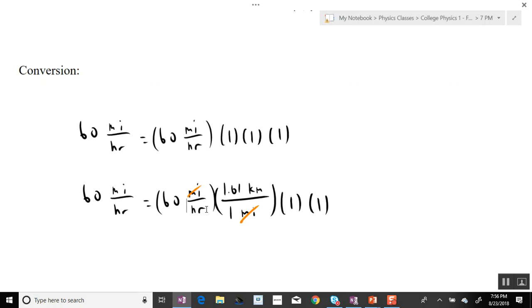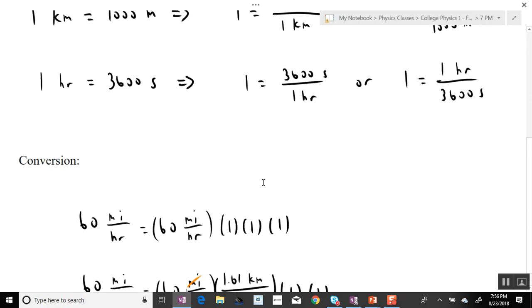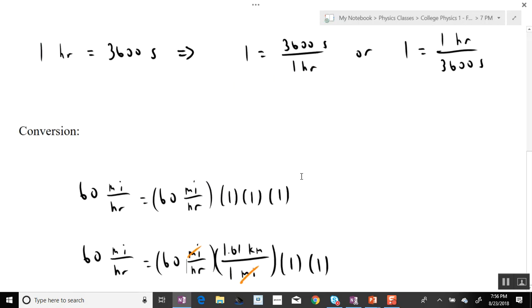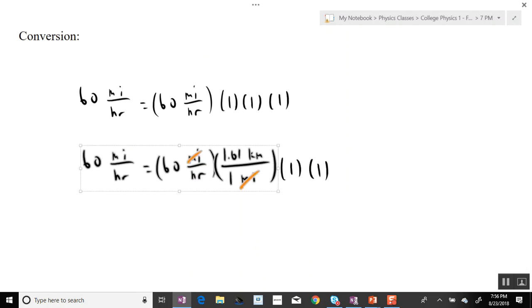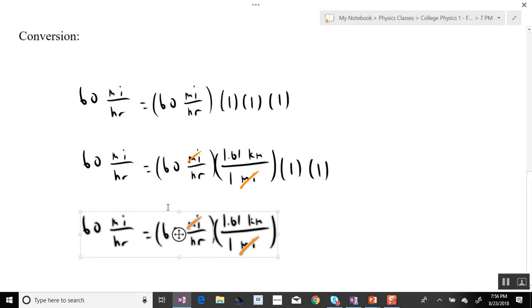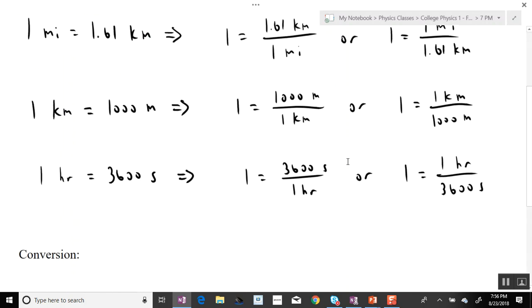But I don't want kilometers per hour. I want meters per second. So the next thing I want to do is I want to get rid of the kilometers. The kilometers is in the numerator. So which one of these, sorry, hold on. I got to copy something quick. So I'm going to go up, and what I want to do is find the next version of 1 I want to use, right? So the kilometers are in the top. So which one of these do I use? This one or this one? The first one, right?